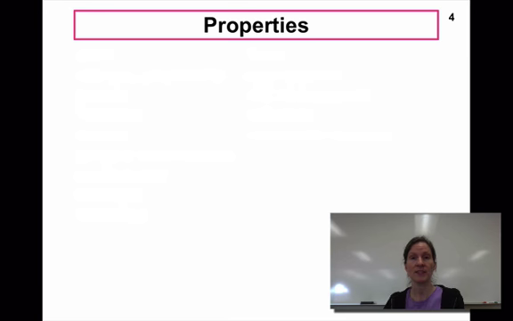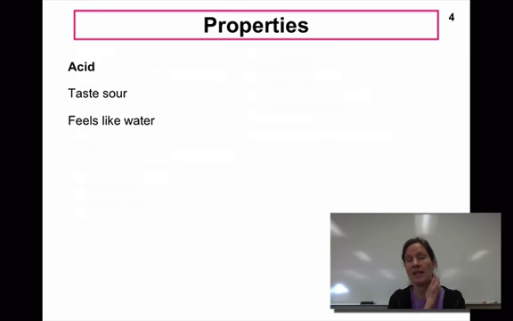So what are the properties of acids and bases? Let's start with some acids. Acids taste sour. So if you go back to that list of things that are commonly acidic, you'll find that they all have a similarity that they taste sour. If you get an acid on your hand, it actually just feels like water though. And while we don't recommend, obviously, nowadays eating anything in lab, something a lot of scientists used to do is actually taste their chemicals to determine what type of material it was.